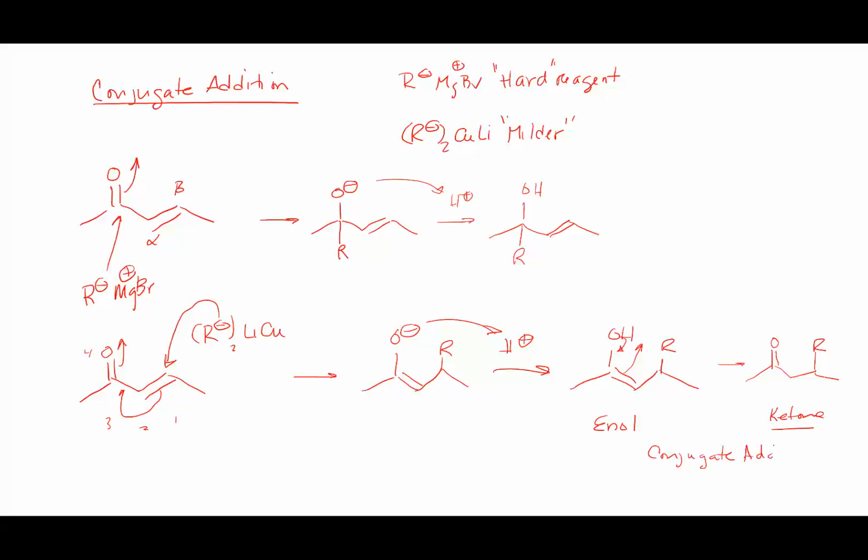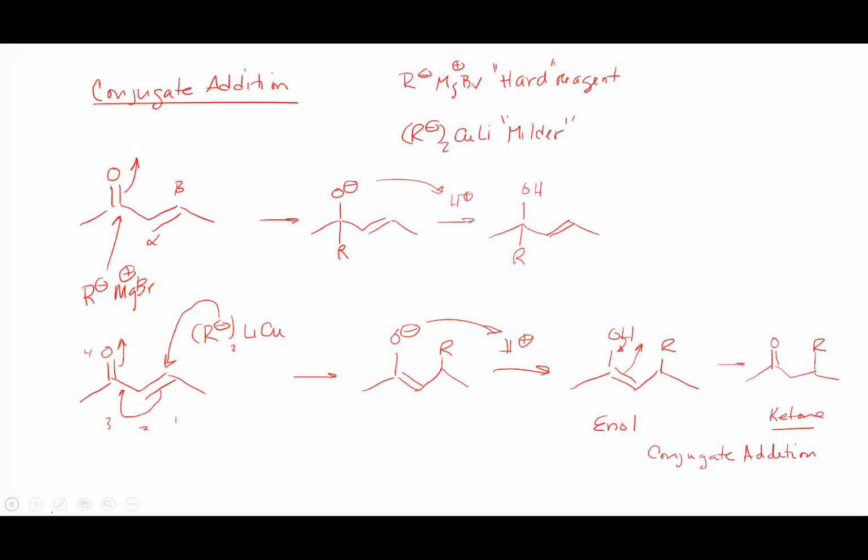That's only if it's an alpha-beta unsaturated ketone or aldehyde. That's only with the lithium cuprate. So the lithium cuprate is kind of a milder reagent that will attack the carbon of the double bond versus the harsher reagent adds to the carbon of the carbonyl.